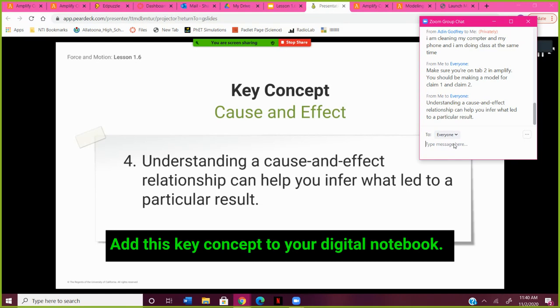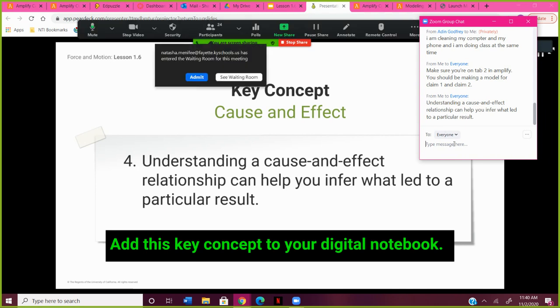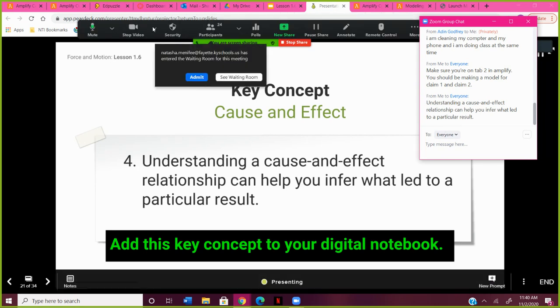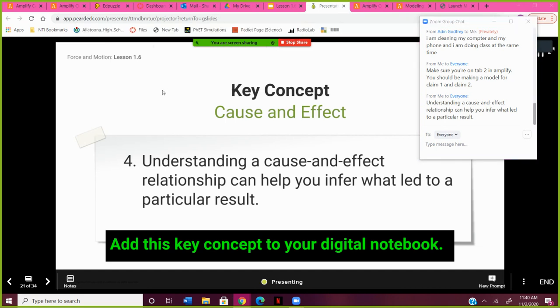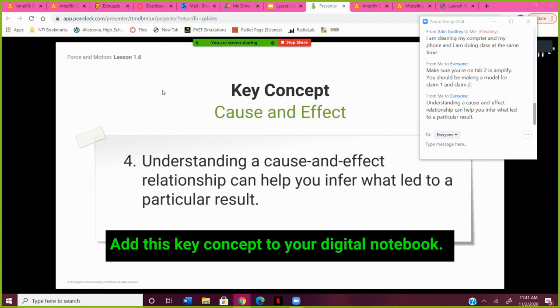Right, so we know that force and velocity have this cause and effect relationship. That's what we've been looking at this whole chapter. So understanding a cause and effect relationship can help you infer what led to a particular result. All right, make sure you get that down in your digital notebook and then exit out once you are done.